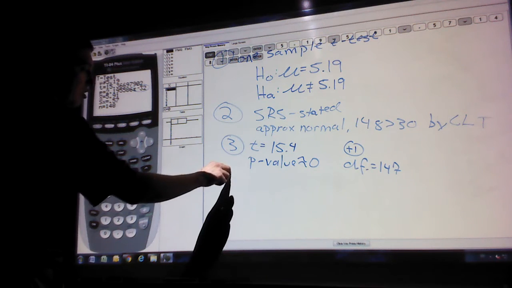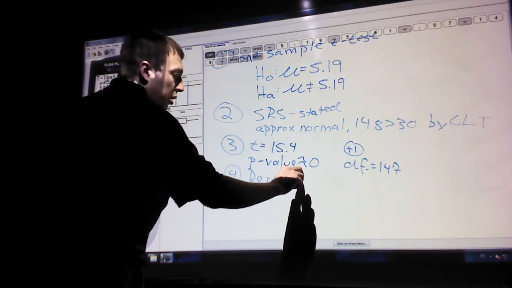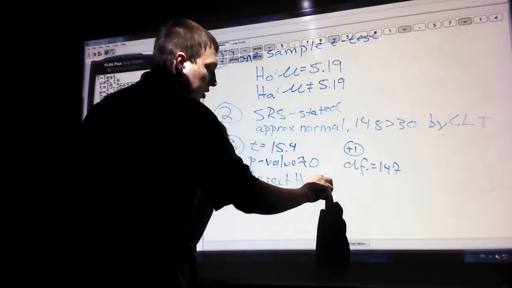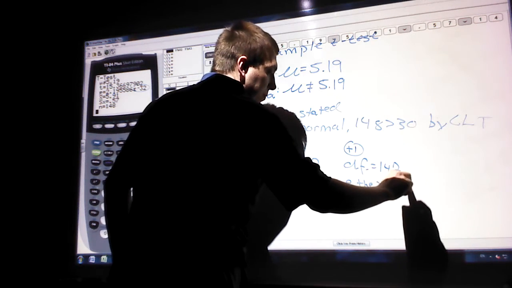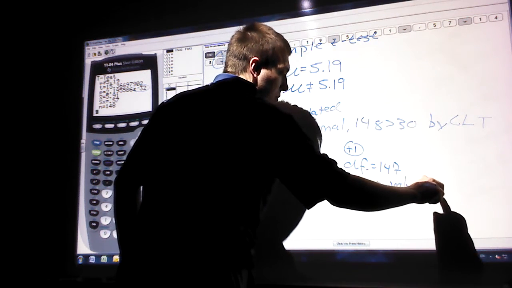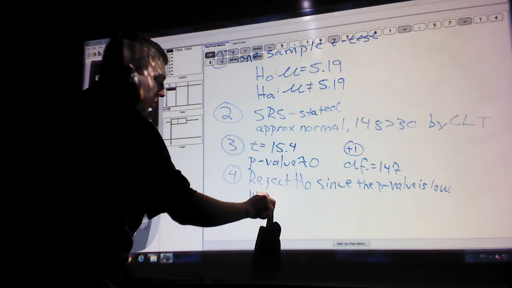Okay. Step 4, we are going to reject the null hypothesis since the p-value is extremely low. We have evidence for the alternative.